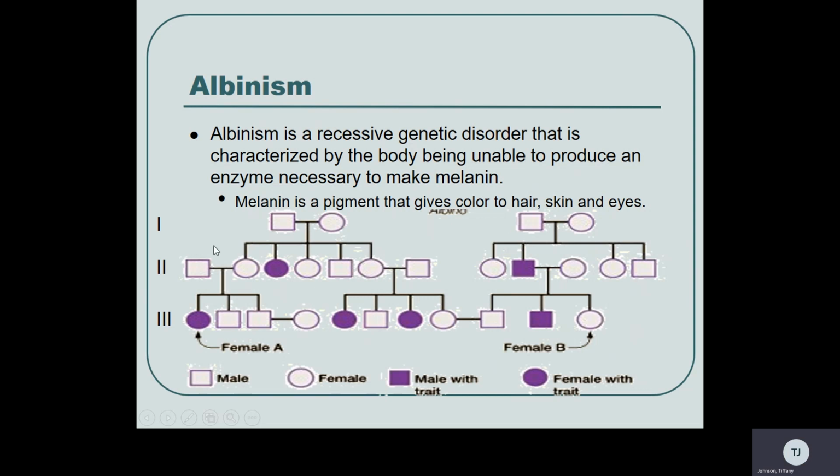So this is actually a pedigree for an autosomal recessive disease called albinism. That is characterized by a person's inability to produce an enzyme that's necessary to make melanin, whether that's eumelanin or pheomelanin. Remember, eumelanin is going to make that dark colored skin like Black people have or Indian people have, people who have ancestors that come from places that are closer to the equator.